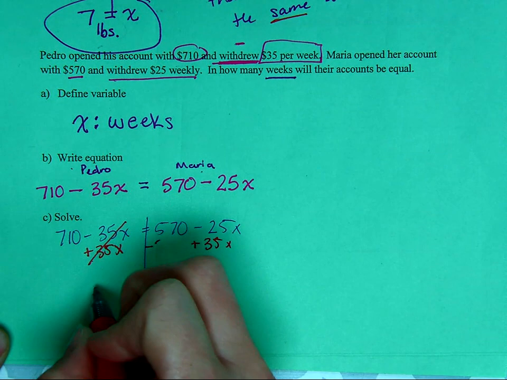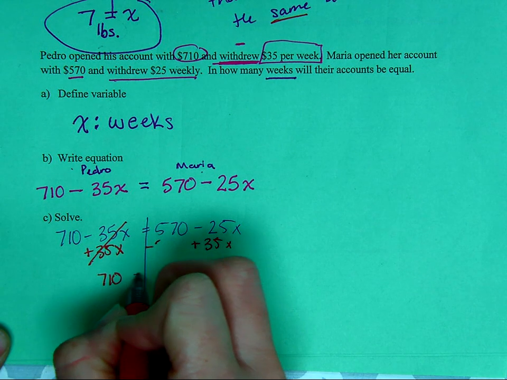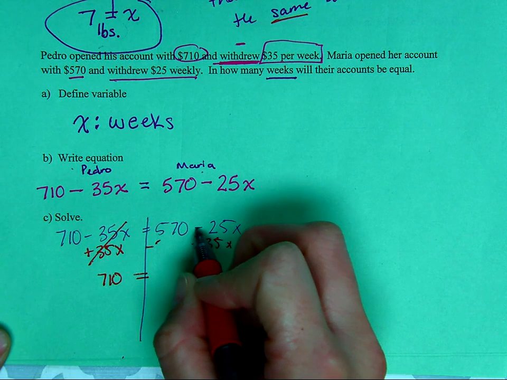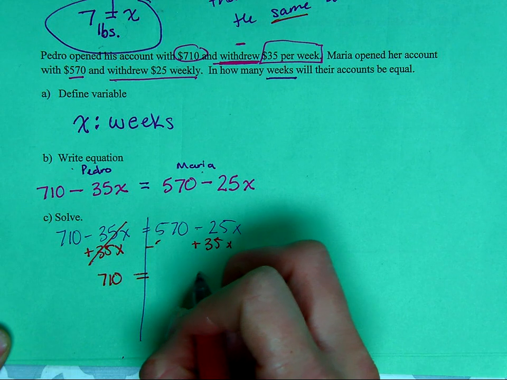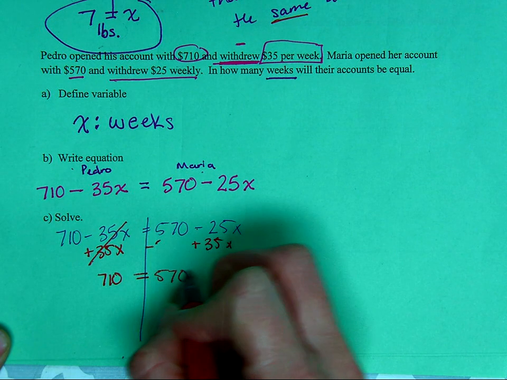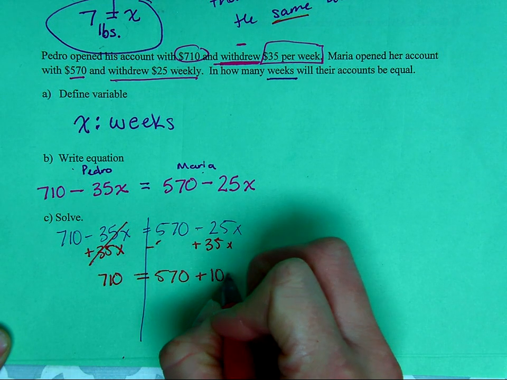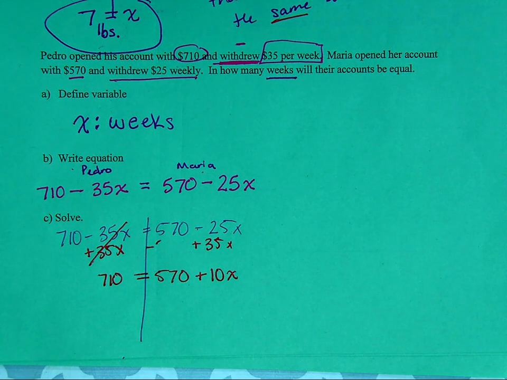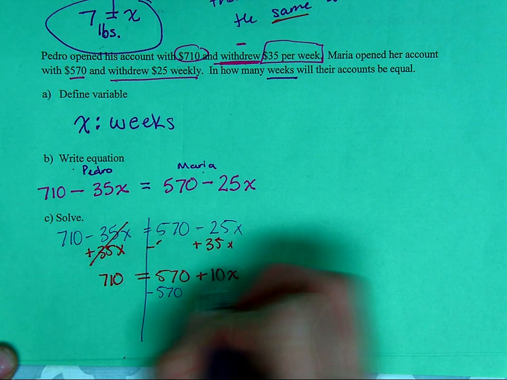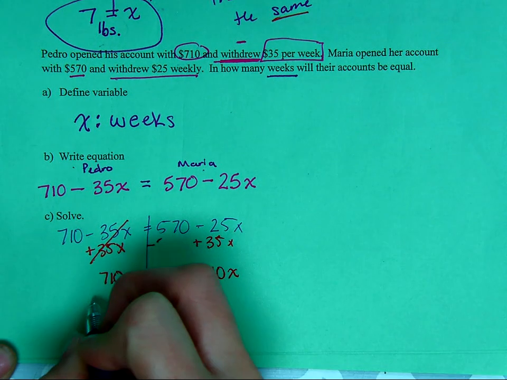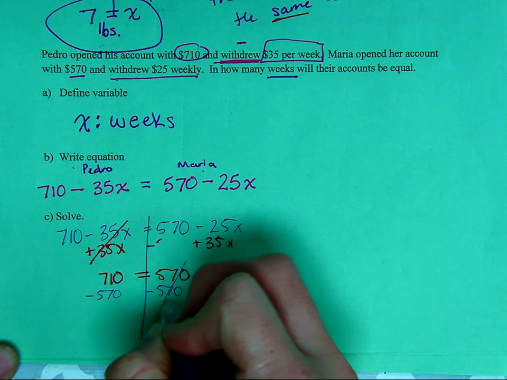So I have 710 left. So remember, this is a negative 25x there because it's being subtracted. So when I add there, I'm going to get a positive 10x. Now I'm going to subtract my 570 because I'm trying to get x by itself. That goes away.